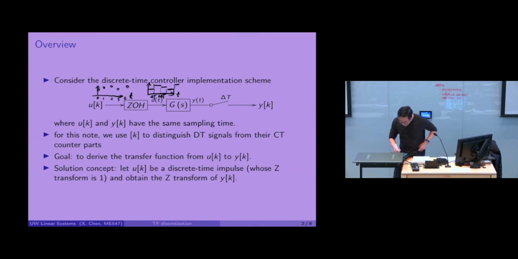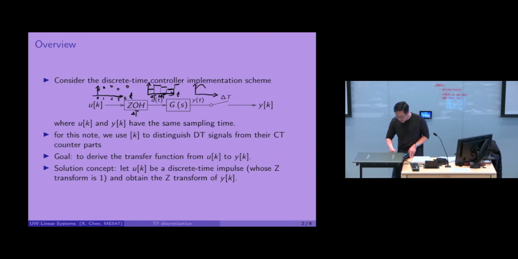The zero-order hold has a parameter over here, the sampling time. It's going to hold the signal between the two samples, and the difference between k equal to 1 and k equal to 0 is called delta t. This is the sampling time between the two sampling points. This continuous time signal goes through the system and it generates some output, y of t.